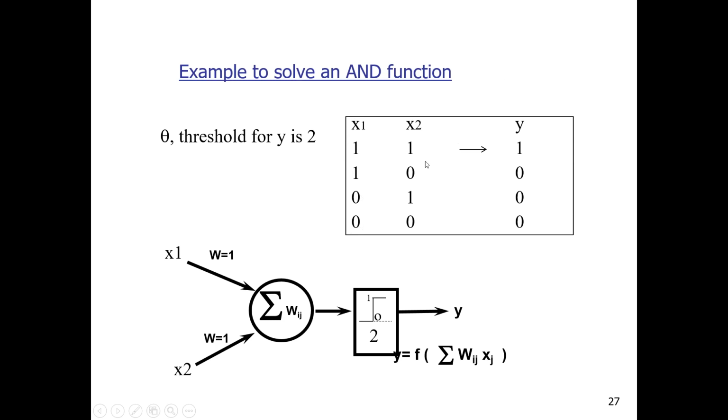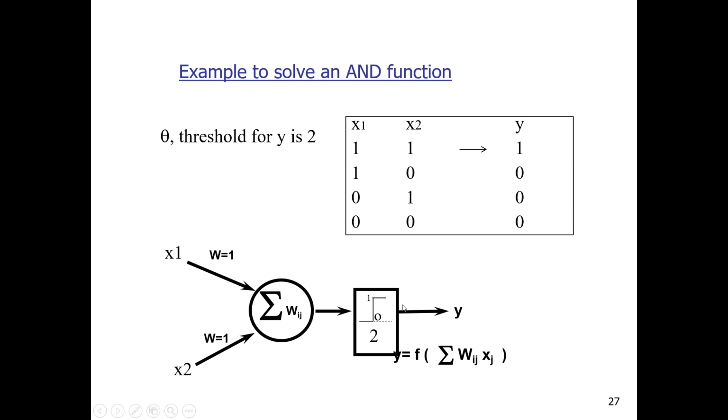Of course, you can include some noise in your data, but because this is for demonstration purposes, this is both your training data and your test data, which are the same in this example. Whenever x1 is 1 and x2 is 0, the output is 0, and so on. We choose beforehand our threshold to be 2. Your job is to find W1 and W2. By using a trial and error approach, you can decide that W1 has to be 1 and W2 has to be 1 in order for this to work.